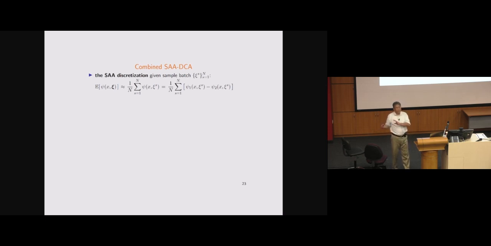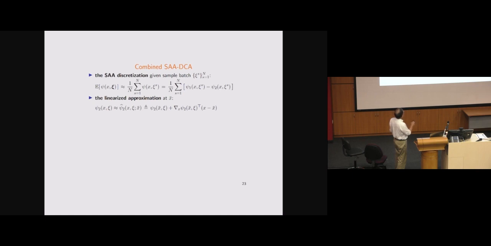And for difference of convex functions, surrogation is easy, especially for the concave part because the concave part is differentiable. So this is a standard surrogation for the concave part.